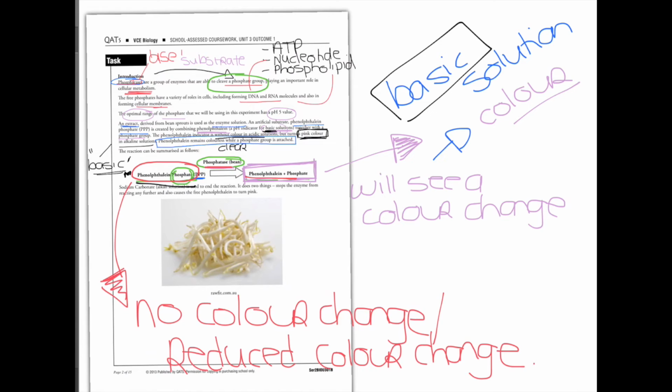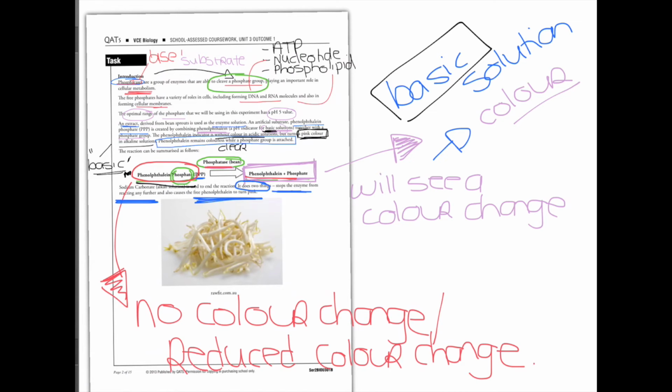Now, I kind of scribbled over the bottom bit, but sodium carbonate, an alkali solution, which is basic, is used to end the reaction. It does two things. It stops the enzyme from reacting any further, and it also causes the free phenolphthalein to turn pink.